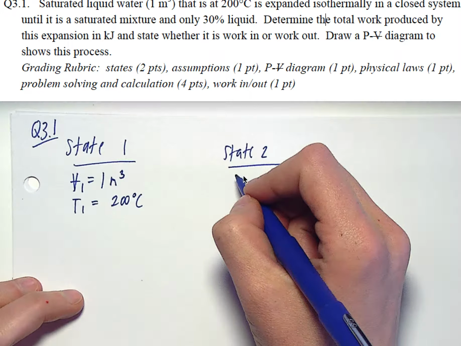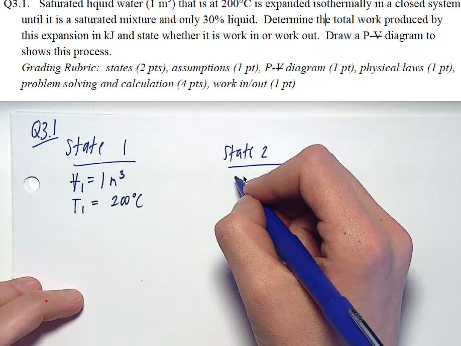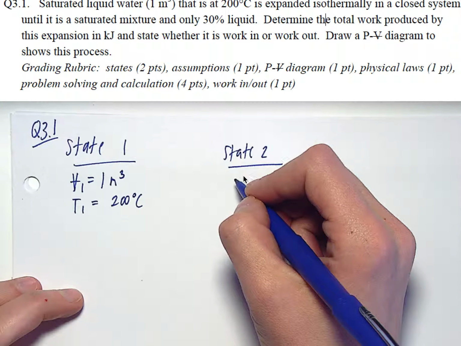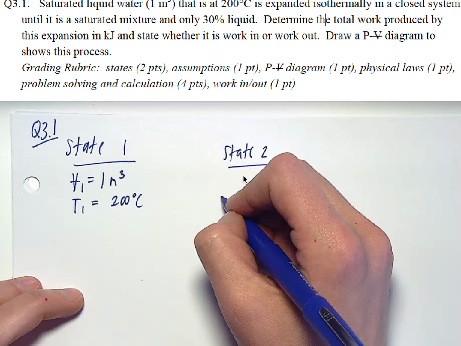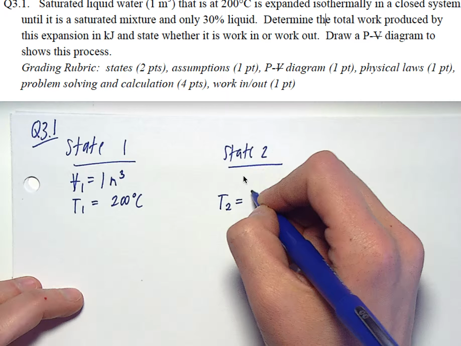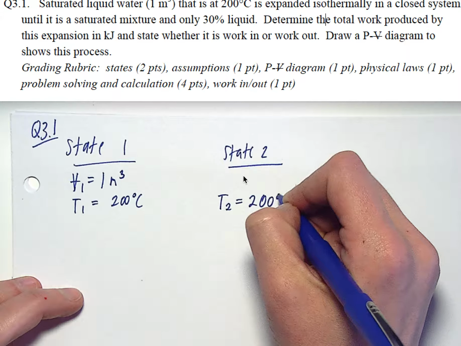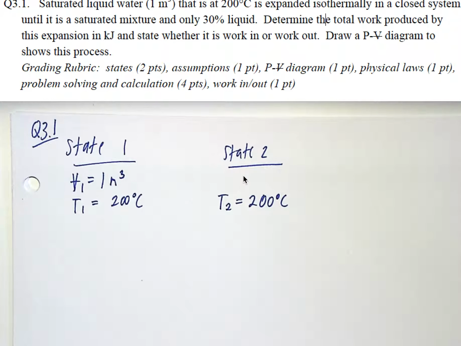So since this is a closed system, and because it's isothermal, we're going to set T2 equal to T1.